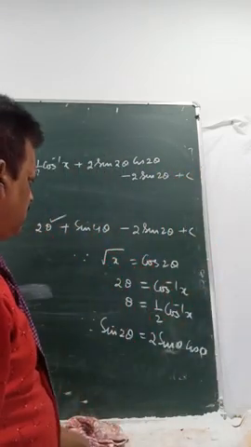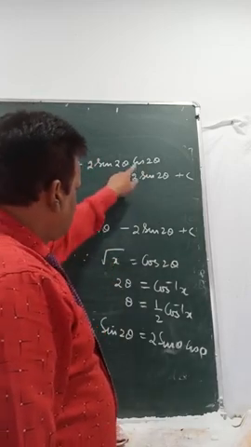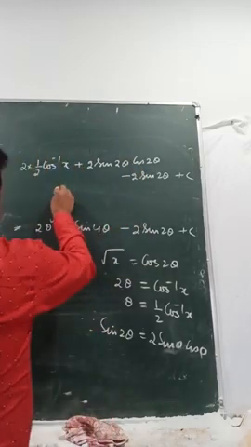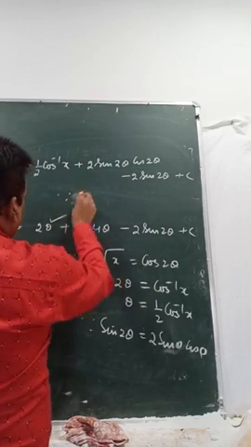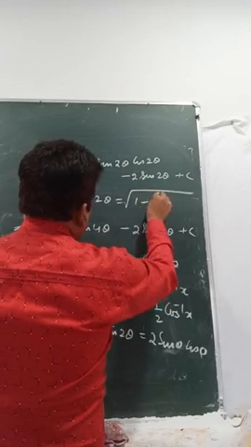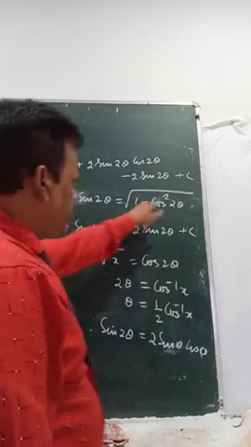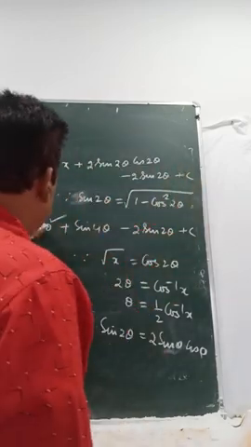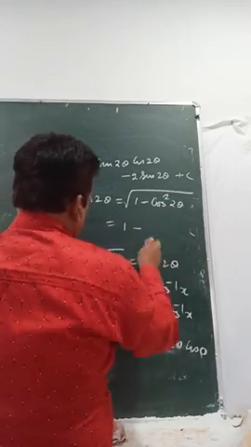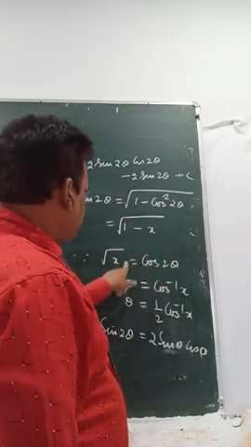The problem is cos 2 theta, so you can write 2 root power of x. But sin 2 theta, what do you write? You convert to cos. Since sin 2 theta is root over of 1 minus cos square 2 theta, the formula everybody knows. So that gives you this is 1 minus x, because our root x is cos 2 theta, cos square theta will be x.